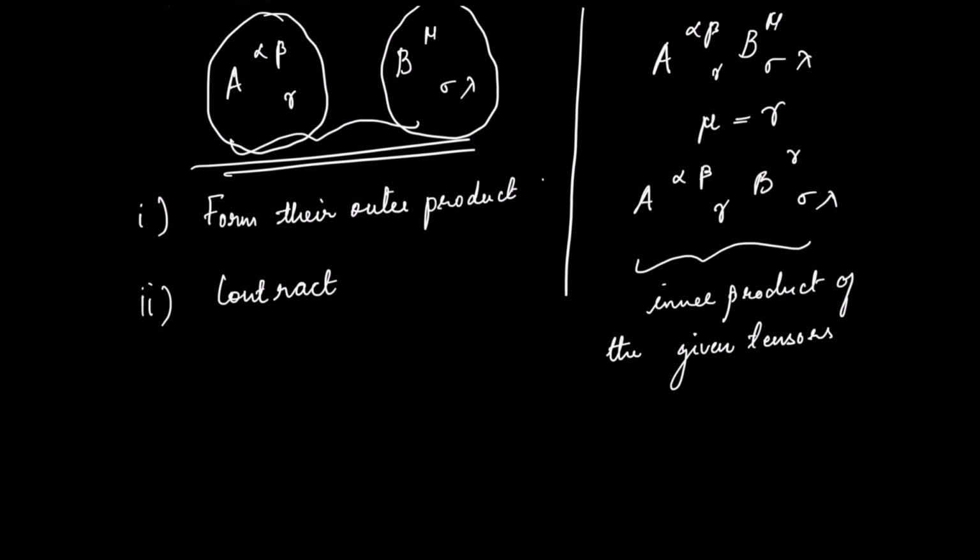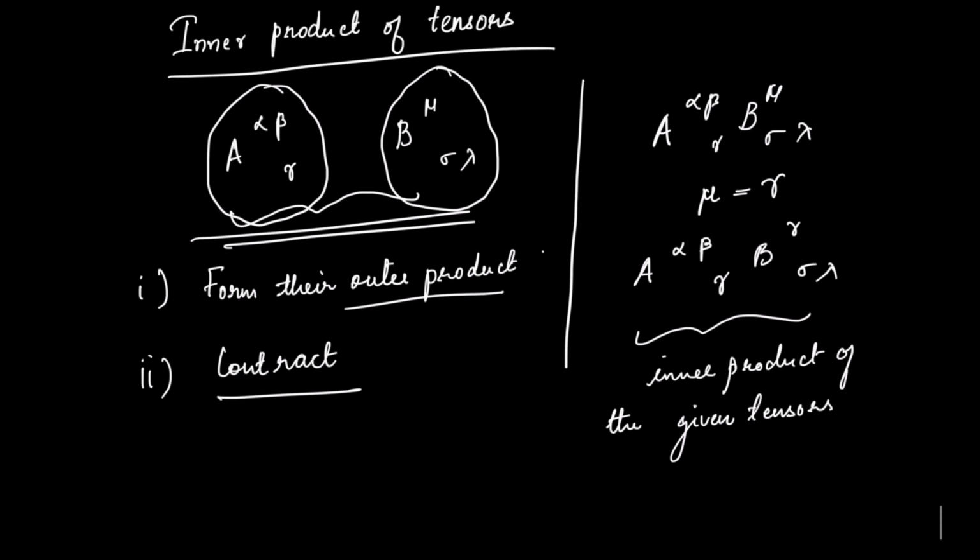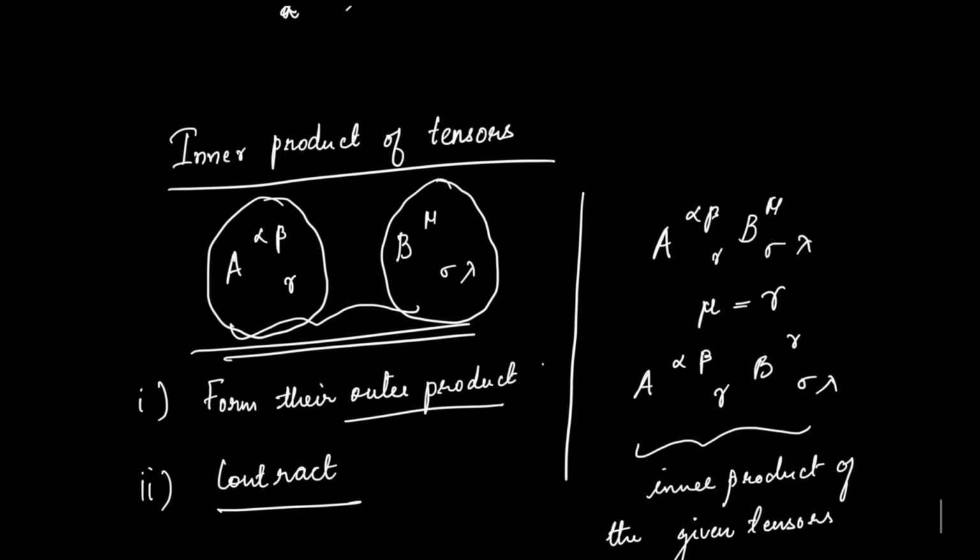First step is to take the outer product and then contract. So the inner product of two tensors is obtained by first taking their outer product and then contracting it.